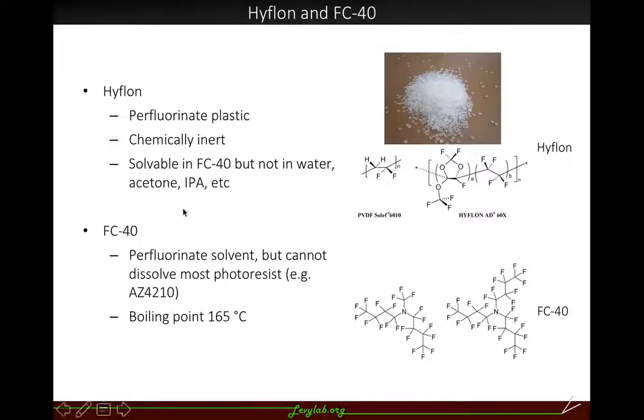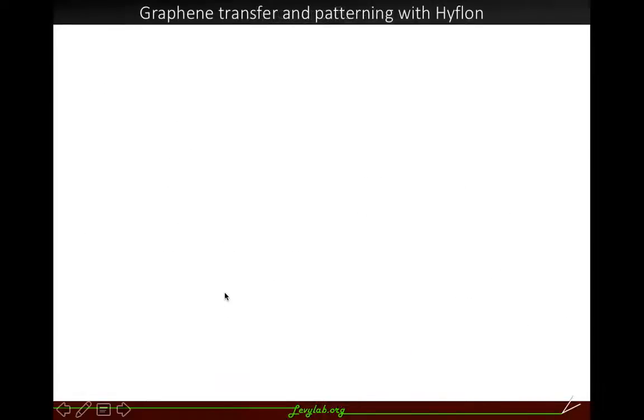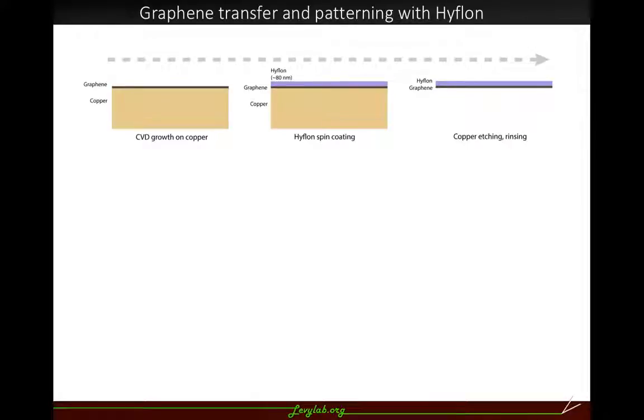HiFLON is a perfluorinated plastic, and it's chemically inert, and it's only soluble in FC40 but not in water or acetone or IPA. FC40 is another kind of fluorinated solvent. We put HiFLON into the FC40 and spin coat that onto the CVD grown graphene on copper.